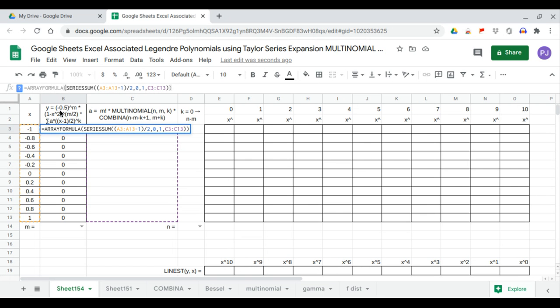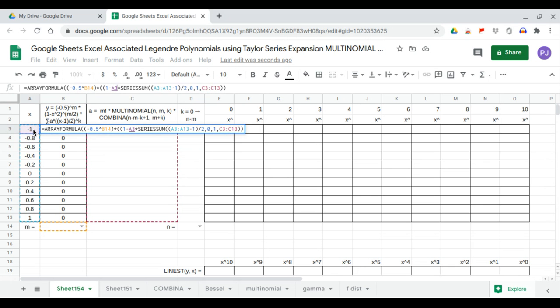These are two values. That's negative 0.5 to the power m. So minus 0.5 raised to the power m. That's the first part. Times another one. That's 1 minus x squared. Minus x squared.